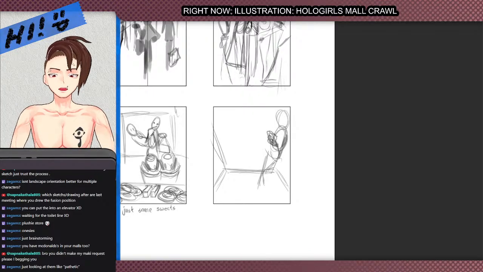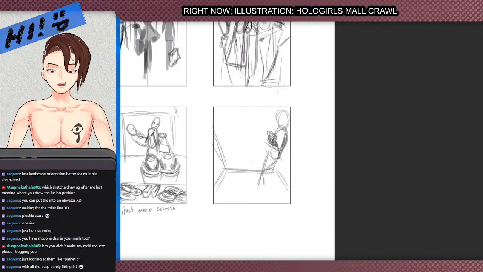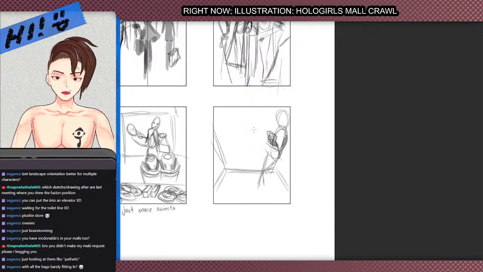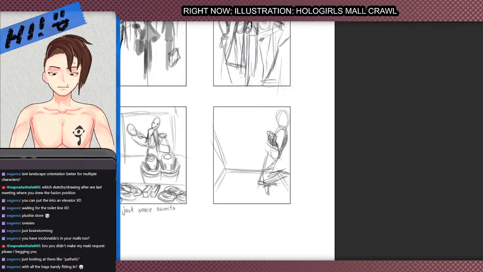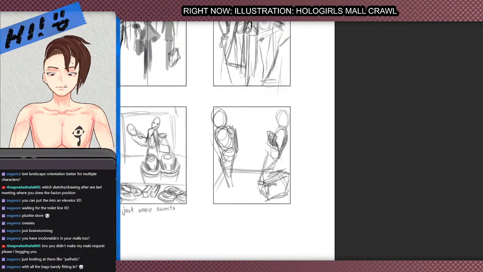One holding a phone, another one with all the bags barely fitting in. Might be. Holding a thing here.